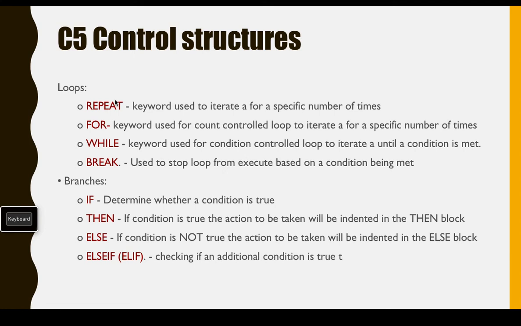So you might say while password is not equal to let me in, keep asking for the password. Or while the number is less than 100, keep asking the user to enter a number.